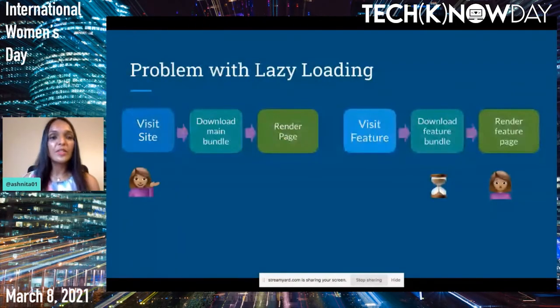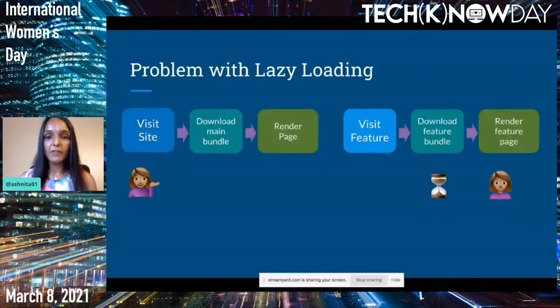So there is a problem with lazy loading. When we visit the site, now we have got our main bundle and the page rendered, and it's all good, the user's happy. But once the user wants to visit other pages, other features on our application, then the browser has to go through the same process again of downloading the bundle, parsing it, compiling it, executing the JavaScript, and then rendering the page.